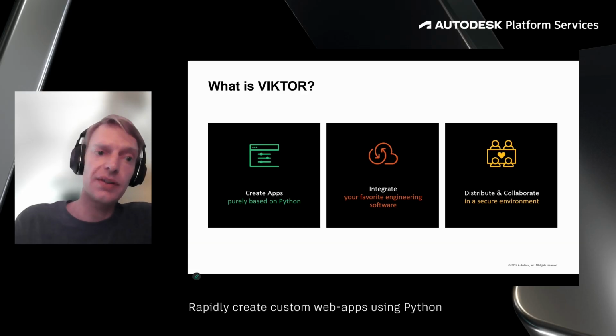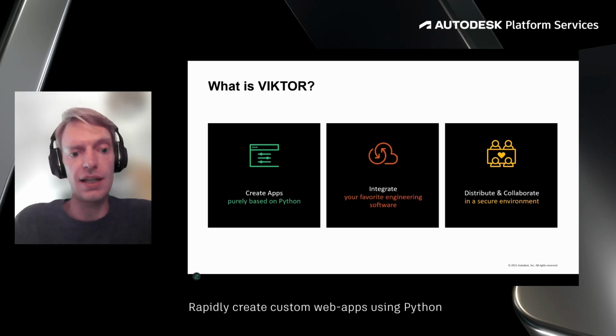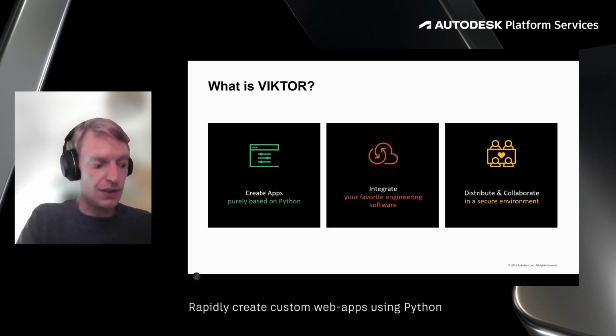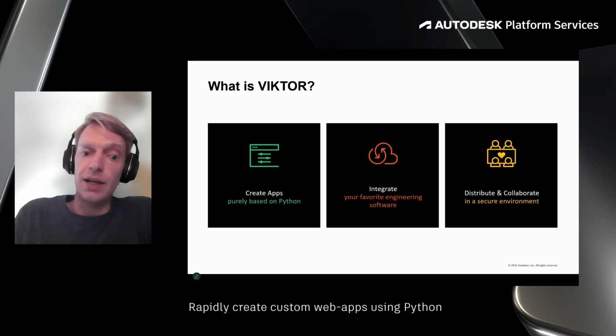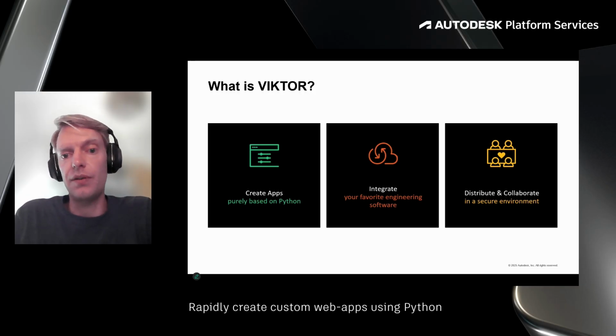So what is our platform? Mainly it consists of three main pillars. The first one is that you can create applications, purely based on Python, which is quite an accessible programming language. Next to that, if you look at typical workflows in our industry, the existing engineering software plays a very important part: modeling software like Revit, but also analysis software, for example finite element analysis.